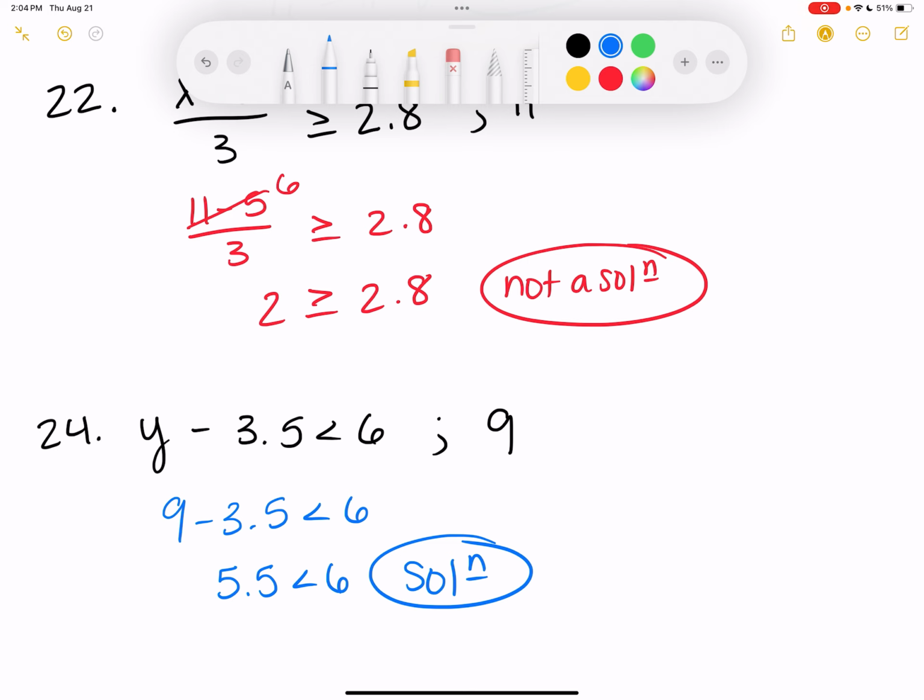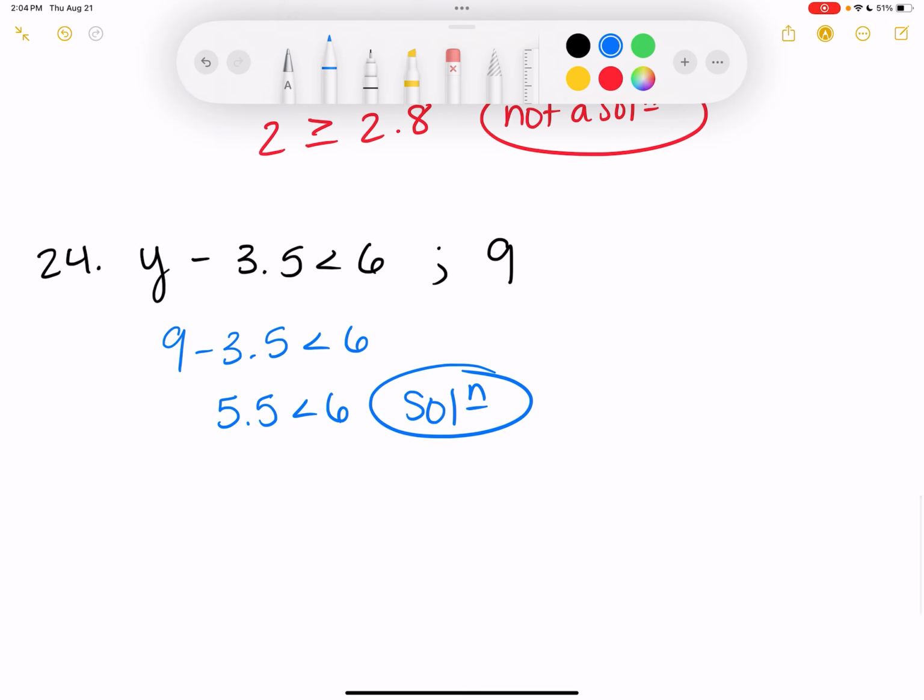Do you have an answer? Is it a solution? Good. Yep. So we plug in 9 and then we subtract, we'd get 5.5 is less than 6, which is true, so that is a solution.